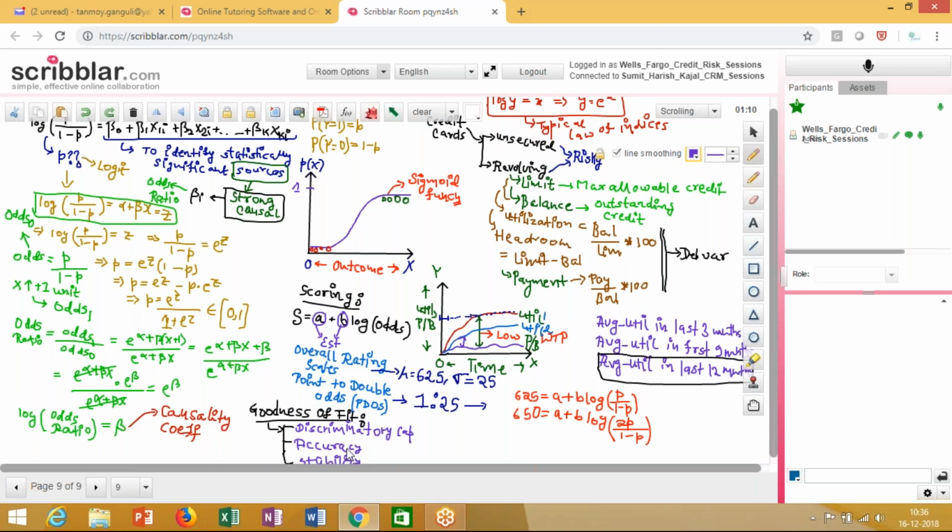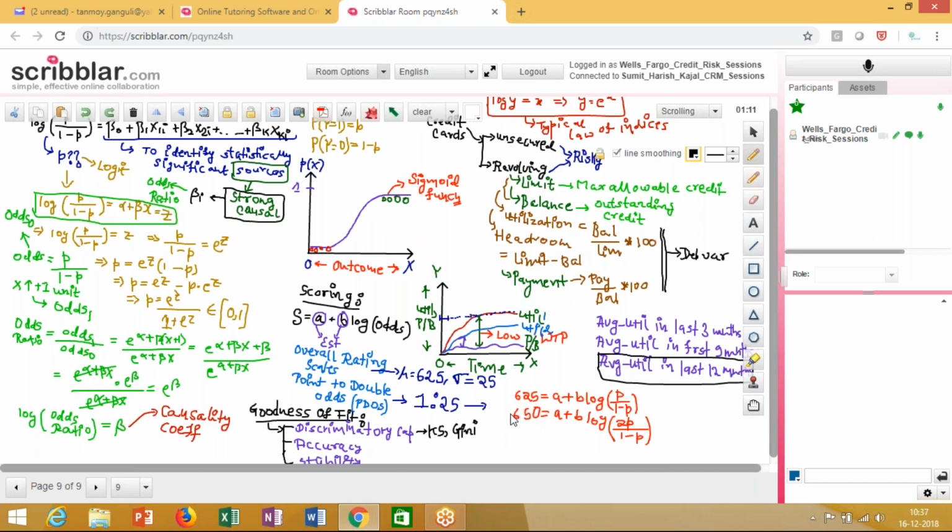Right. So now let's have a kind of framework in our mind. The first is the K and the Gini. Right?